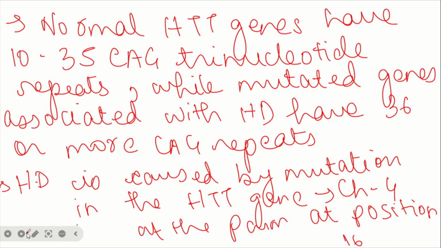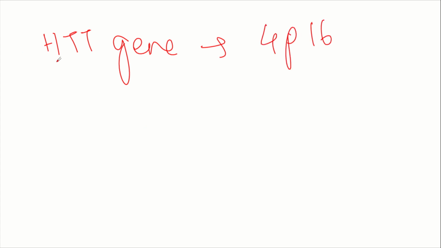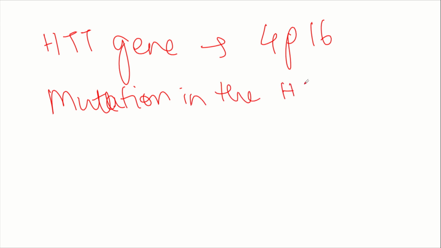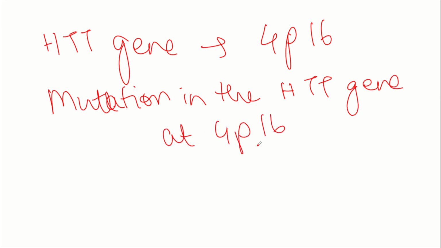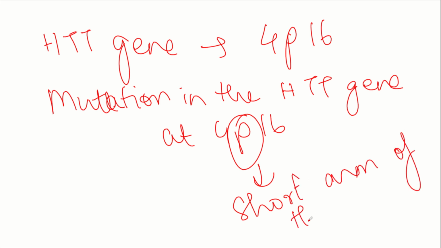So we can write it as the HTT gene is located in 4p16. So there is a mutation in the HTT gene at 4p16. P is the short arm of the chromosome. Okay.